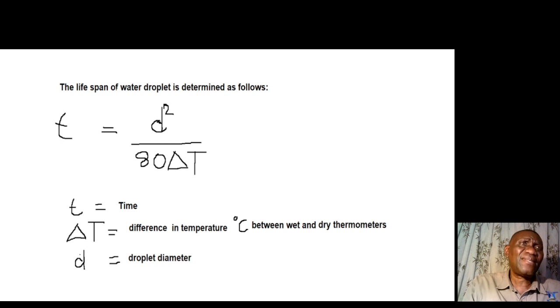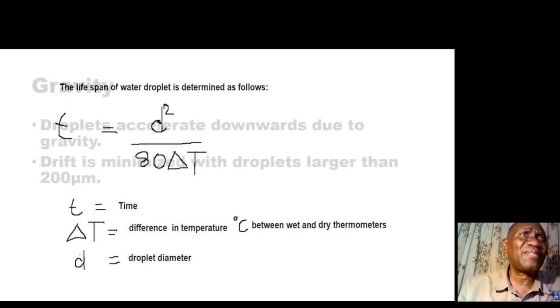So this will give us an indication of how long a droplet released from the nozzle during spraying will last in the environment. And this will give us an indication whether the nozzle is delivering the chemicals efficiently to their target. These are some of the parameters which can be used.